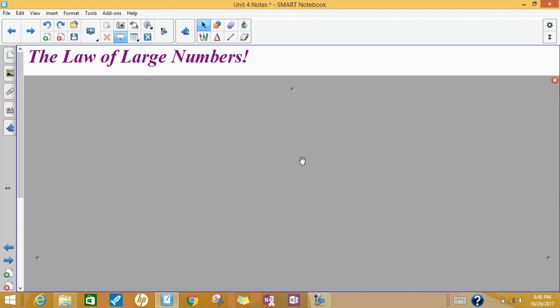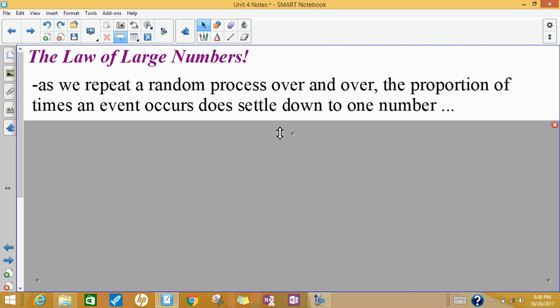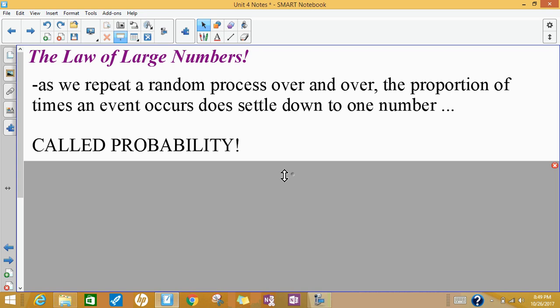That brings us to talking about the law of large numbers. I think this is something you might have a little familiarity with. So if we kept flipping that coin over and over and over and over, maybe 100, 200, 300 times, the proportion of times that one event, so let's say getting a tails, would occur, it would settle to one specific number, and we would call that the probability.